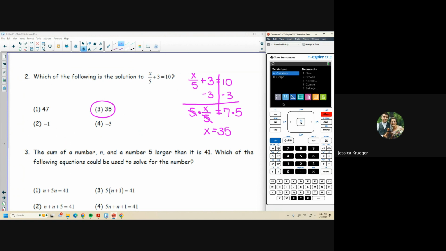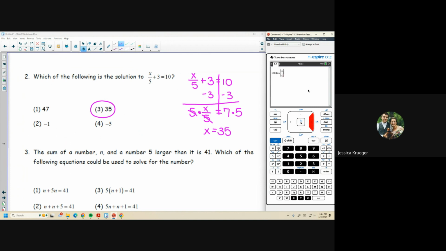So I'm actually going to go to my home screen. I'm going to open a new page, and I'm not going to save this. By opening a new page, it gets rid of my stored values. So I'm going to go back to menu, algebra, numerical solve. And now I'll grab my fraction, x over 5.